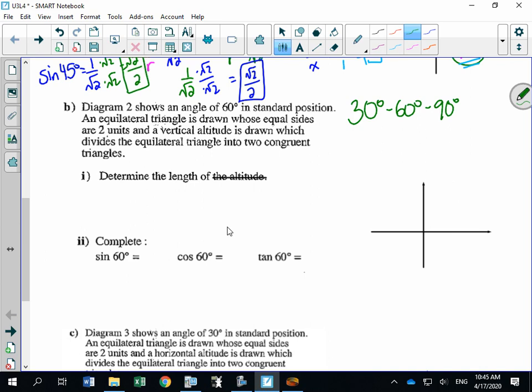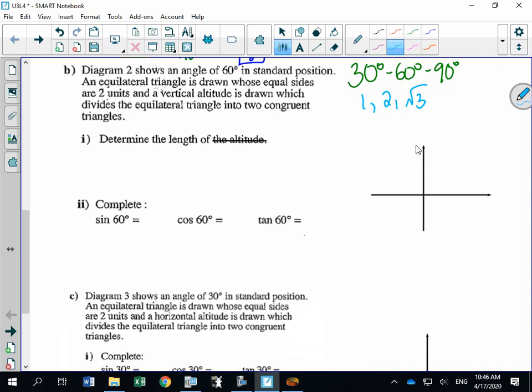Okay? And your book starts with the 60-degree. So what you have to memorize for 30, 60, 90, I always say to my students, I want you to memorize the numbers 1, 2, root 3. So if you can memorize 1, 2, root 3, you will be able to do this 30, 60, 90-degree triangle.